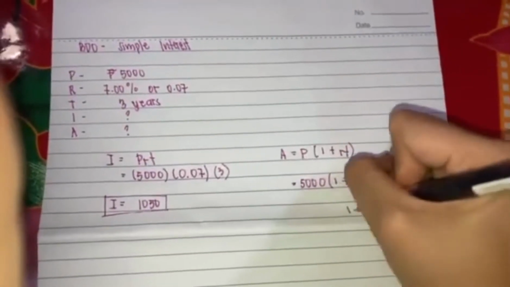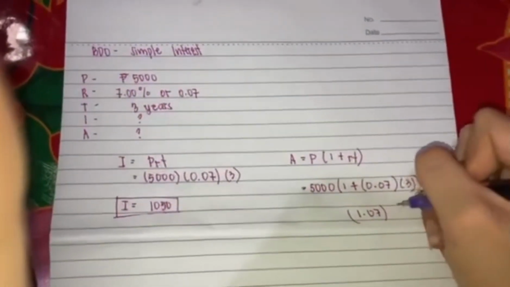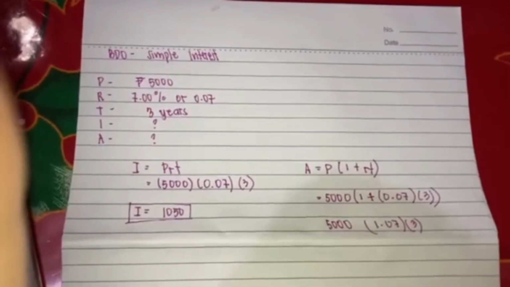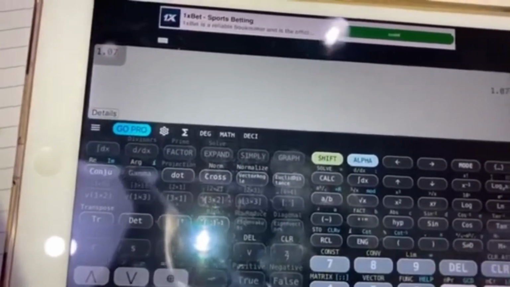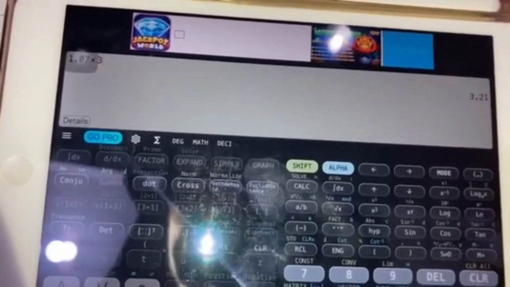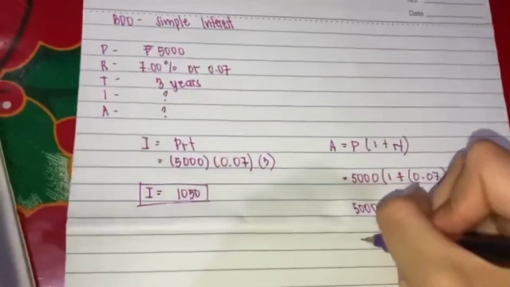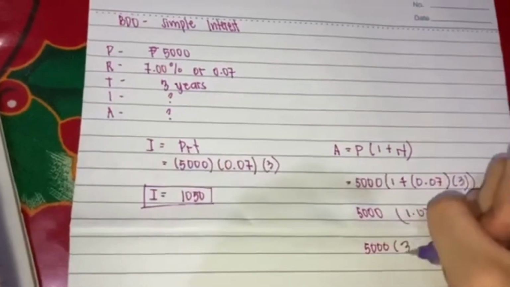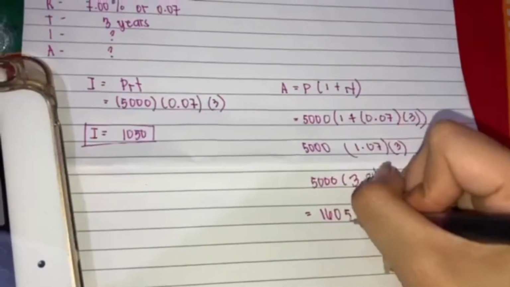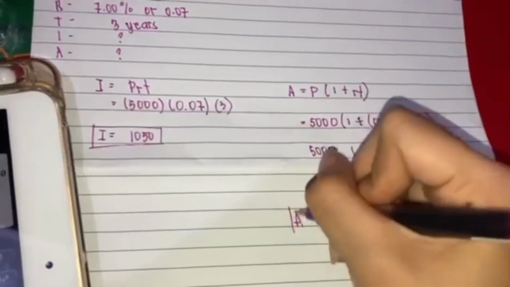Now we have 5,000 times 1.07, times 3. Now let us multiply 1.07 and 3, which equals 3.21, so now it is 5,000 times 3.21. The total amount of money paid back at the end of the time is 16,050.